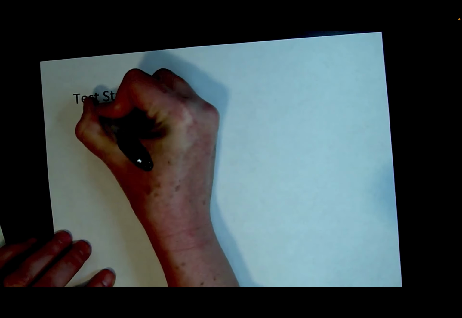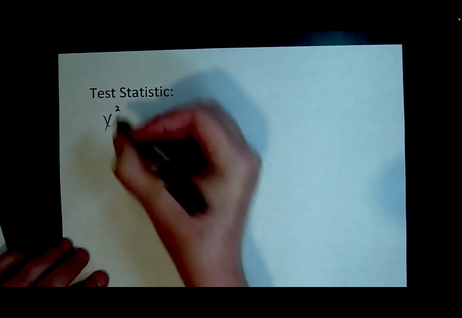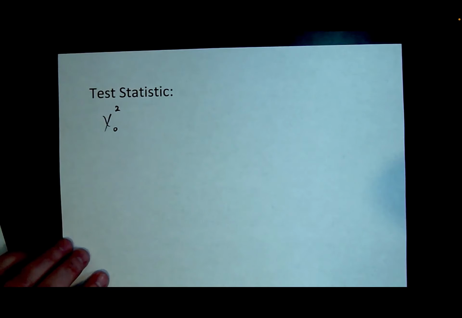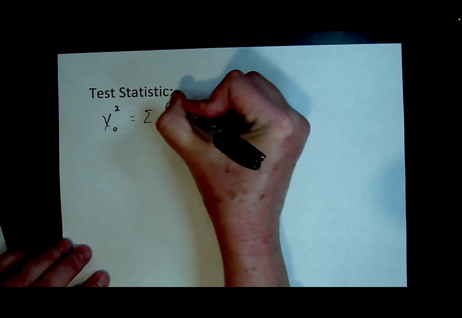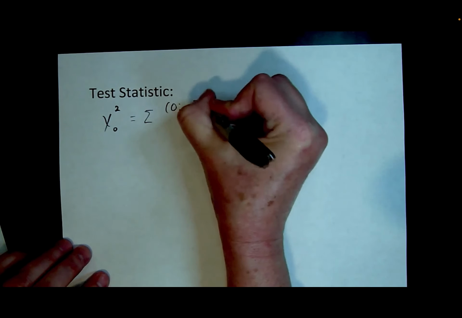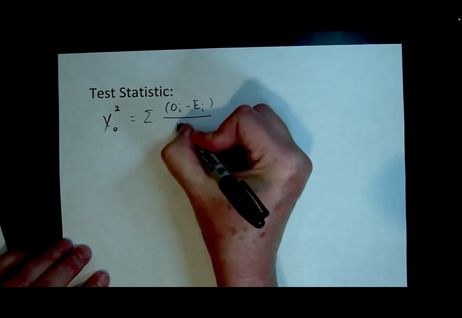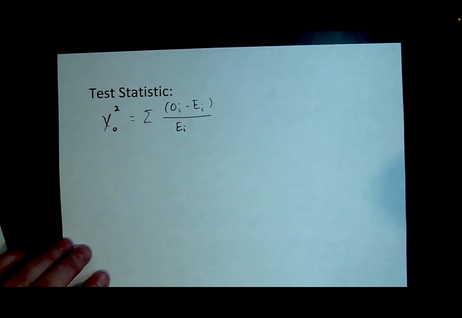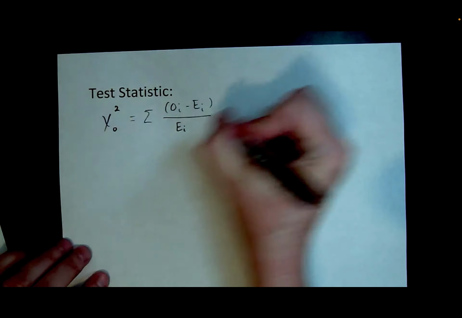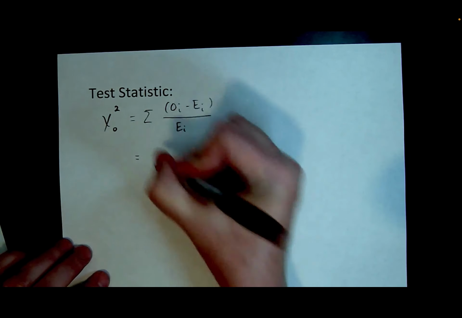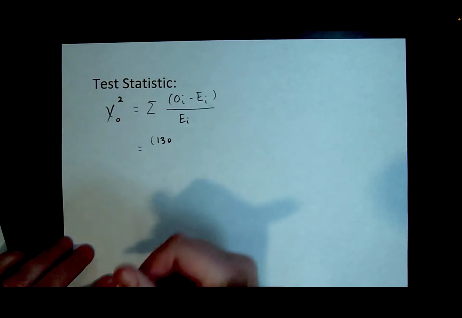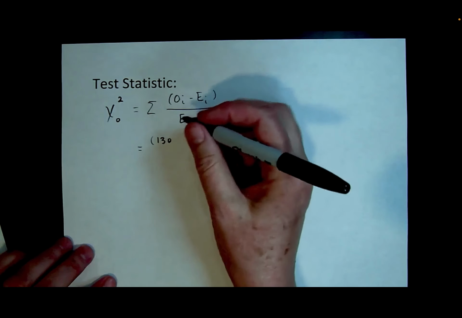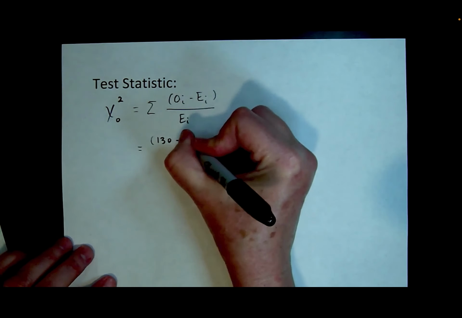So the test statistic formula, which the book probably calls chi-naught squared, is the sum of the observed values minus the expected values, or counts, squared, divided by that expected value. So in this case, the first observed value for category 1 is 130, and we're subtracting the expected count 105.